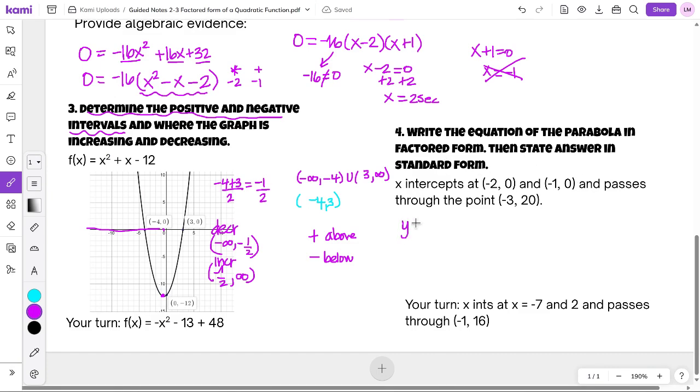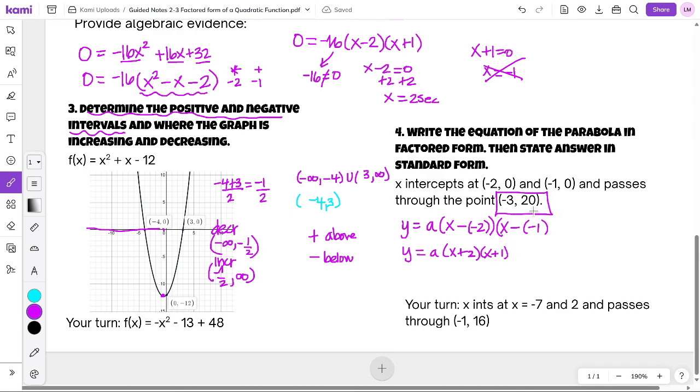So I have y equals a times x minus my first x-intercept times x minus my second x-intercept. So y equals a times x plus 2 and excuse me, x plus 1.